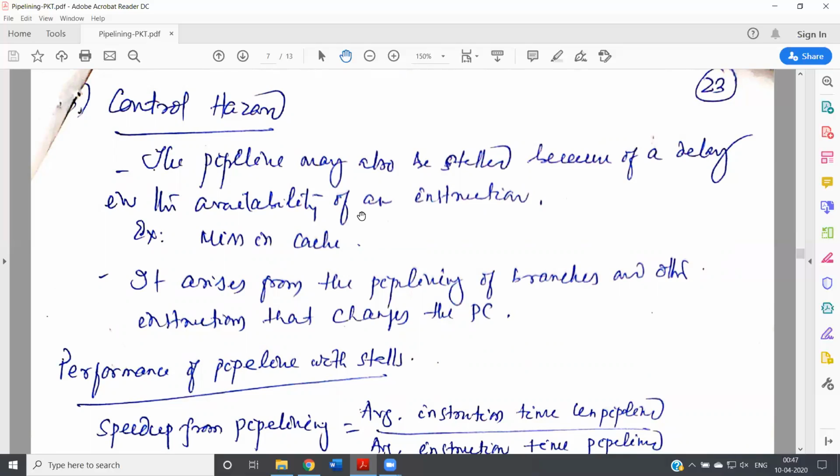It arises from the pipelining of branches and other instructions that change the PC. We expect instruction 6 to be executed after instruction 5, but if there is a branch instruction, it may jump to some other instruction, maybe instruction 10, and instruction 10 may not be available. So in that case, we say control hazard has occurred.